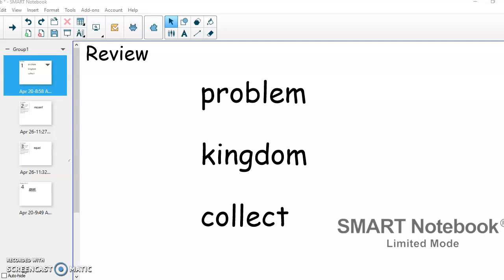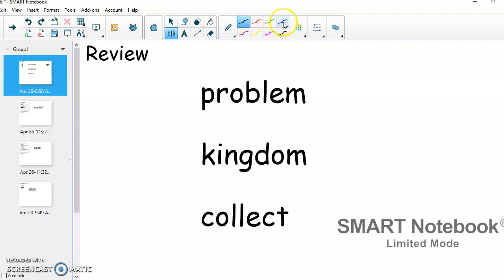Last week we talked about the sound schwa that some of our vowels make when they're tired and overused in some of those words. The first word we have is problem. How many syllables are in problem? Here's a vowel, here's a vowel. Two consonants between them, so let's try.